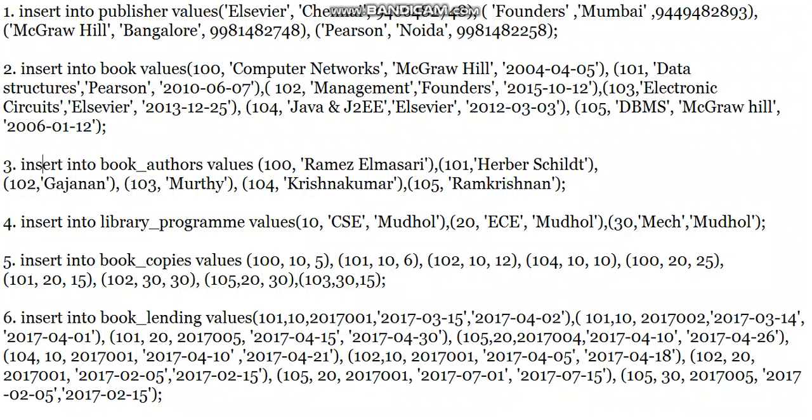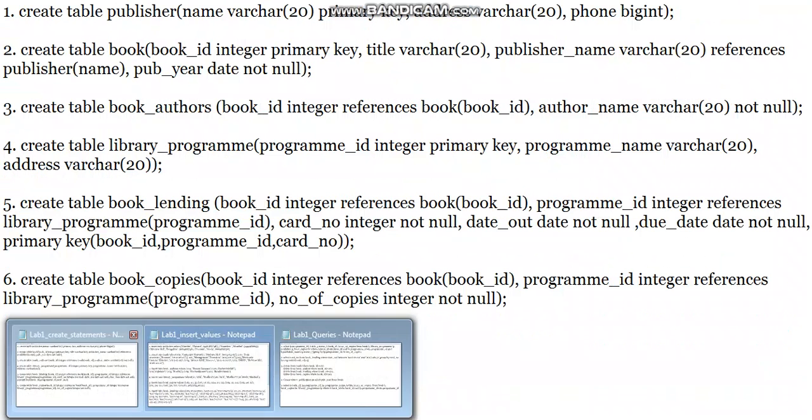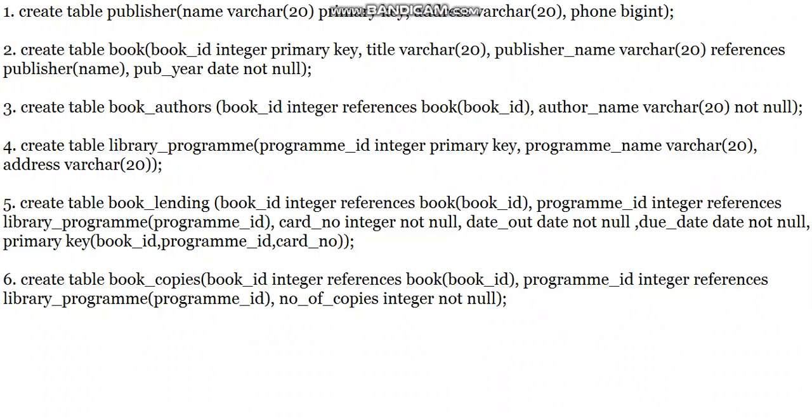Then the third one is insert into book authors table. Book authors has the book ID and who is the author. That's it, simple. For book ID 400, the book table gives only the title and publisher, but who the author is is given here. I have inserted for all the books. In our previous case where we created the table, the book ID is an integer that references book. We have created a relation so that this table depends on the book table.